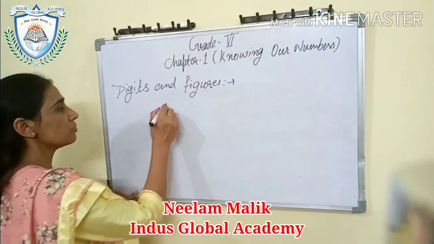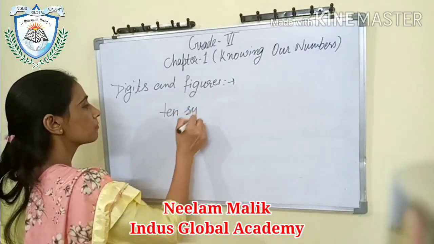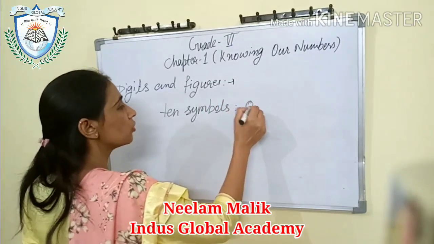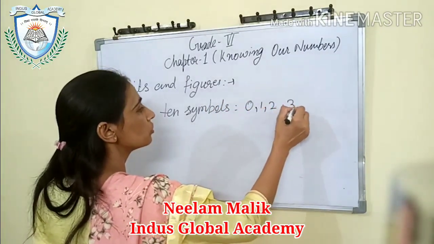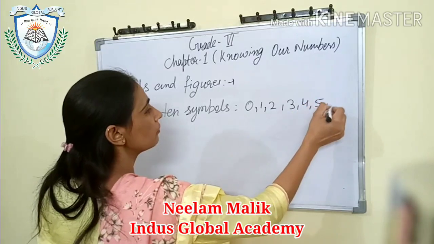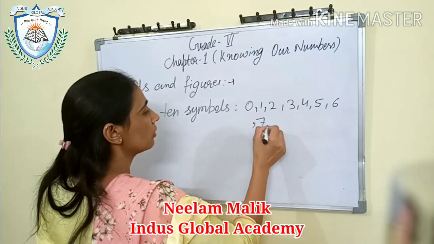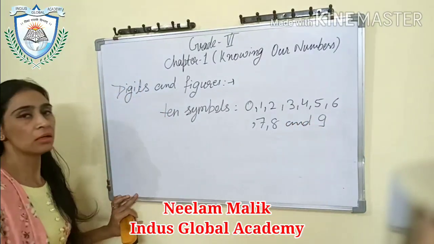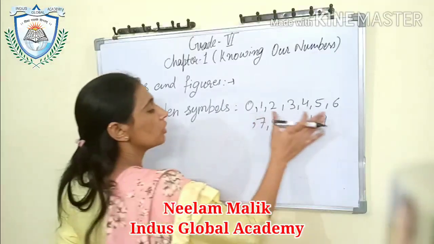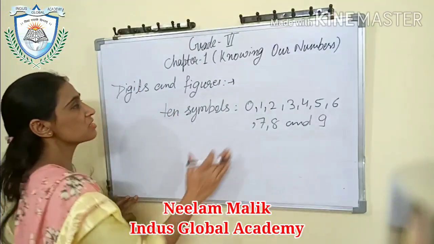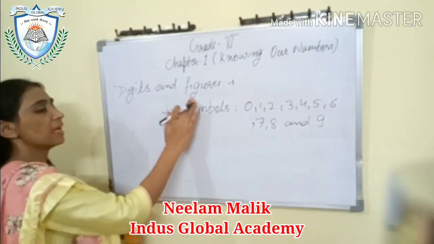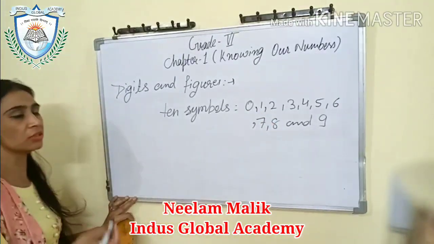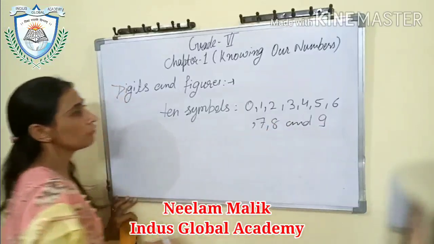What are those 10 symbols? 0, 1, 2, 3, 4, 5, 6, 7, 8 and 9. So for writing any number, you are using these 10 symbols. These 10 symbols are called digits and figures. It means 0 is a digit, or we can say 0 is a figure. So these are the digits or figures.